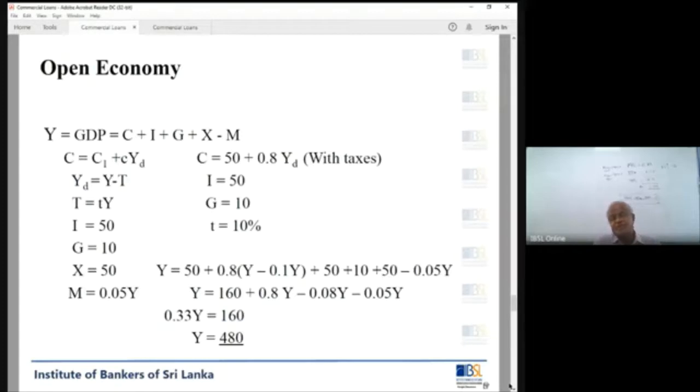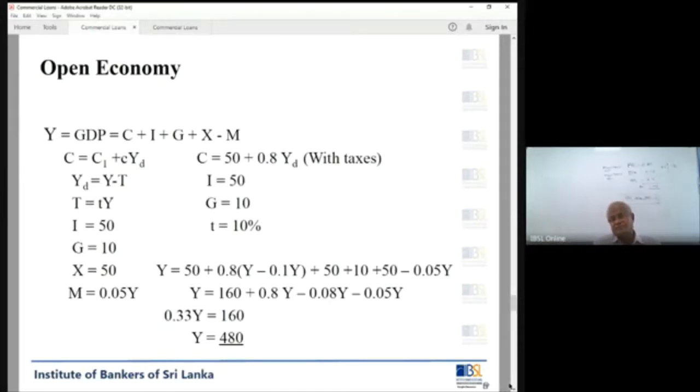Disposable income is Y minus T. T is what? tY. How do you calculate tY? 0.1Y. So 50 plus 0.8 marginal propensity to consume into YD, which is Y minus 0.1Y. Please go through these calculations again, then understand how to calculate.